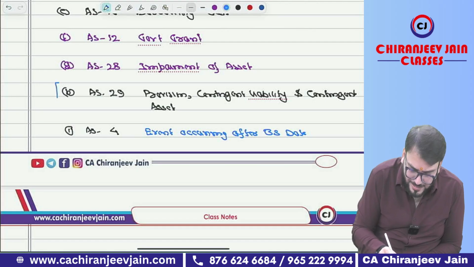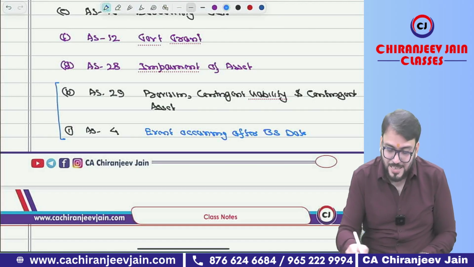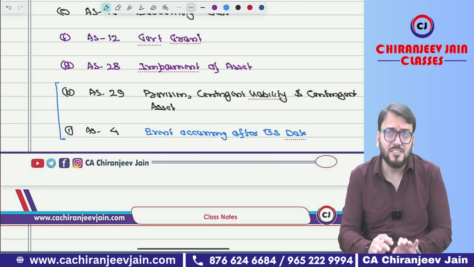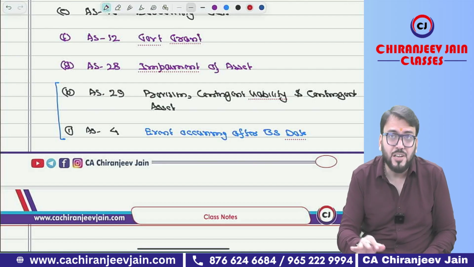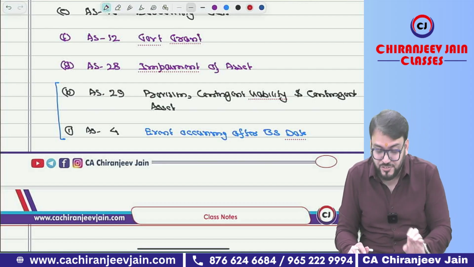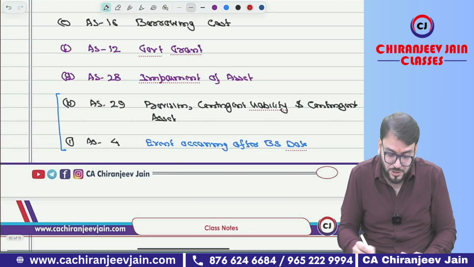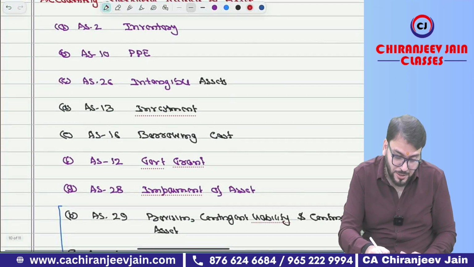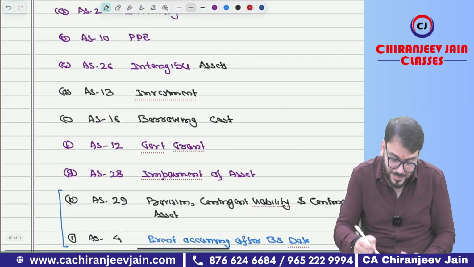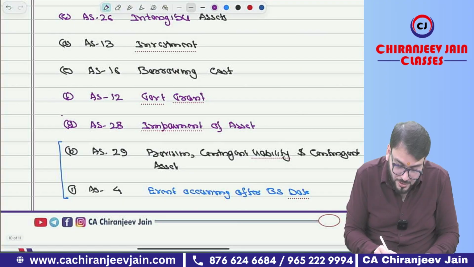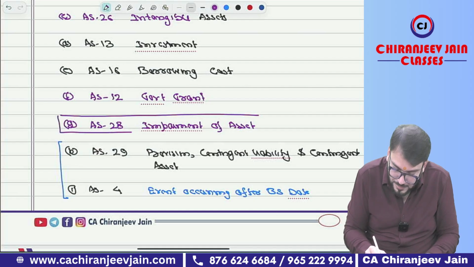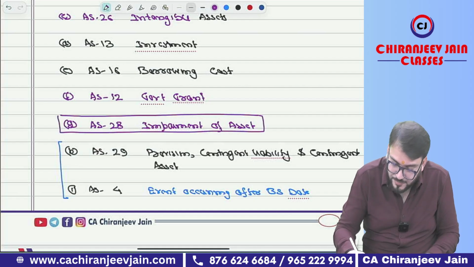So these are not related to what? Assets. AS29 is related to liability, and events occurring after balance sheet date is actually one accounting standard which will help you to prepare financial statements. Correct. So these two more accounting standards I will take in the first part. You can see now it becomes 1, 2, 3, 4, 5, 6, 7, 8, 9. So out of this, AS28 I will not take right now. AS28 will be deferred.